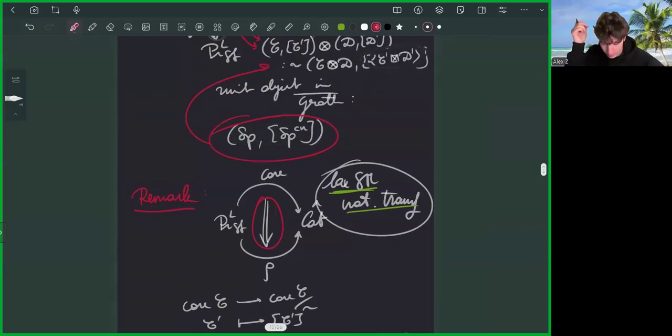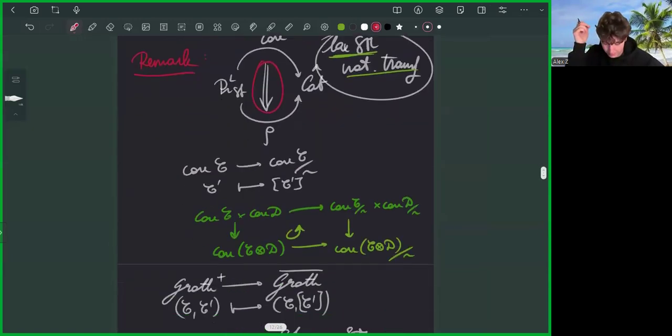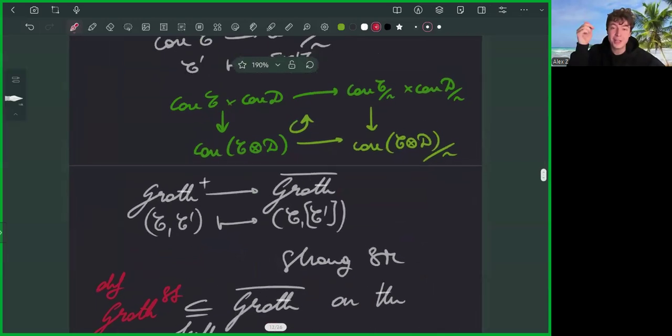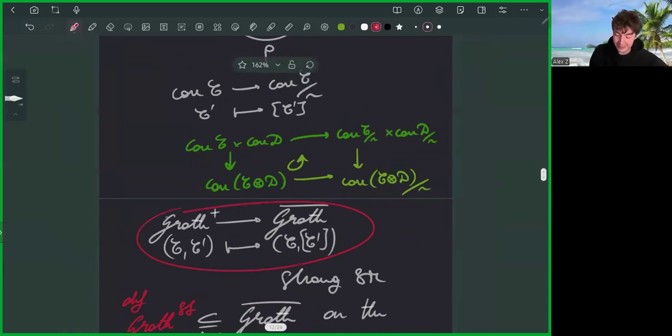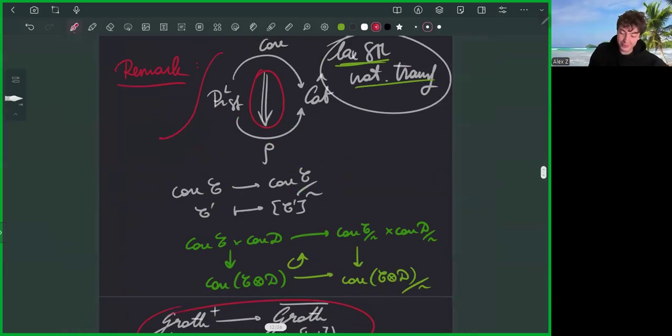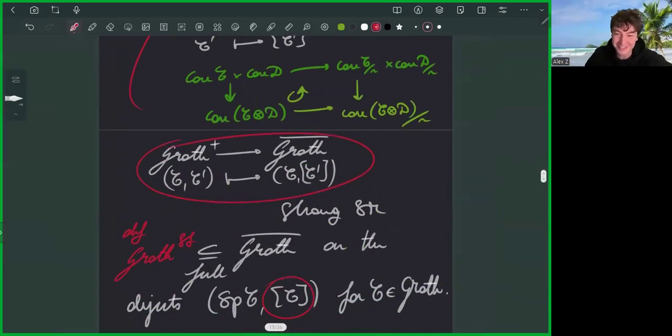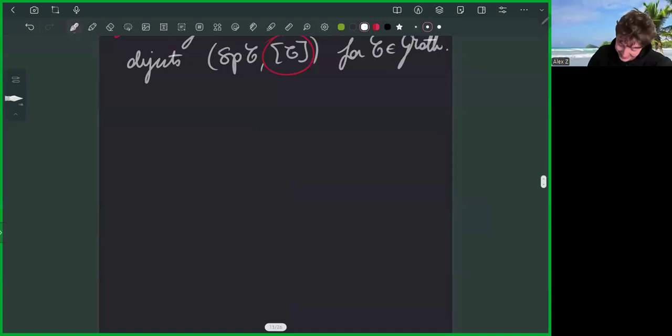So the functor that you had written was also okay. Yeah, that's true, the functor that I wrote is also symmetric monoidal. So you can also go from Groth to Groth bar. But what I wanted to write down is this functor, and rigorously writing down this functor follows from this remark. Right, yes, thank you. You again caught me. Very nicely done.